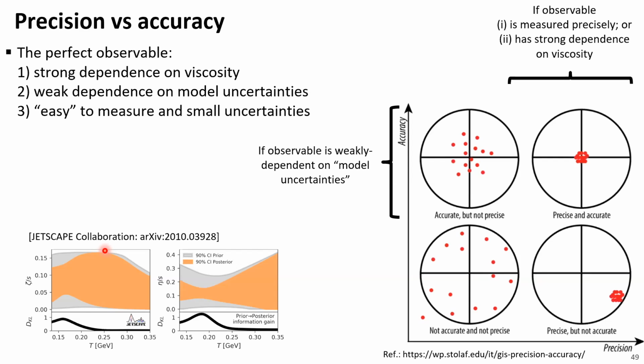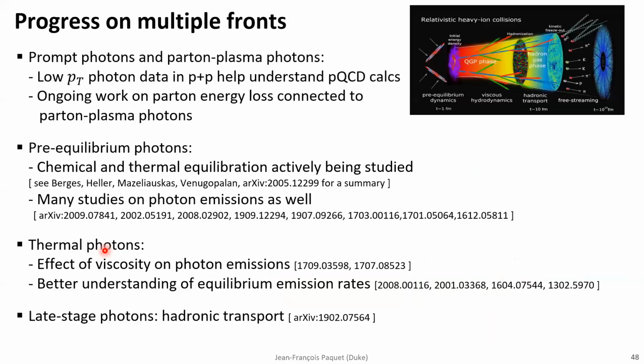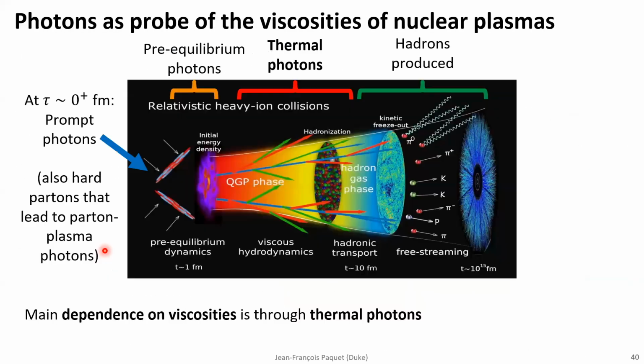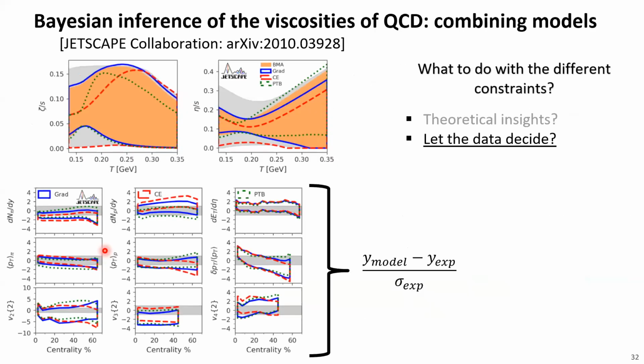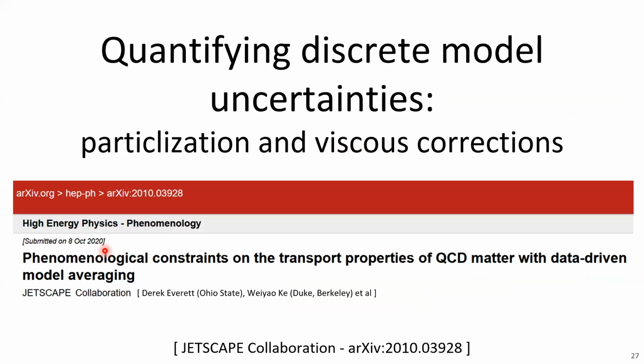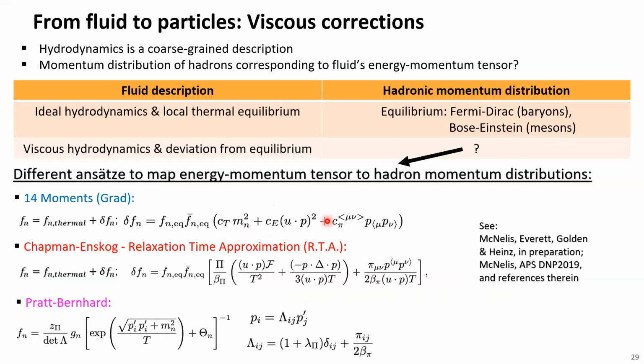So the short answer is no. One thing we know is that looking at heavier hadrons, at soft heavy hadrons, depends heavily on this uncertainty that we quantified here, which were these different models that I've been plotting here, right?